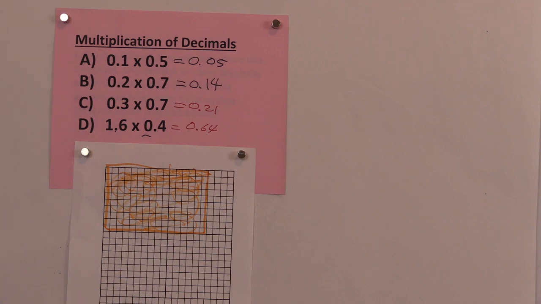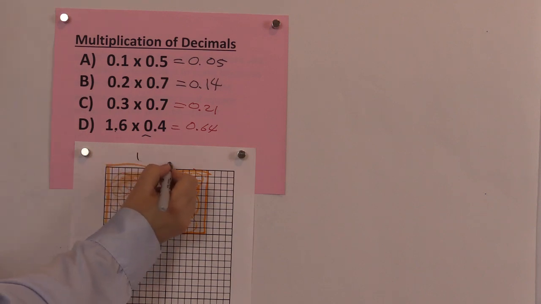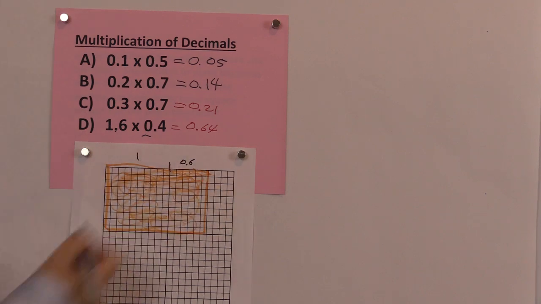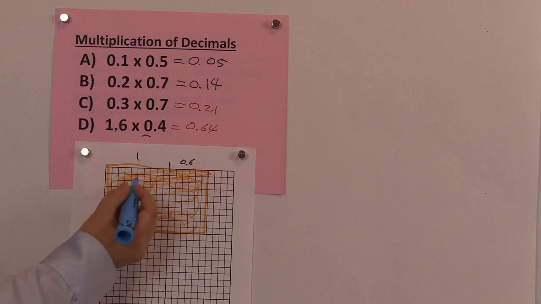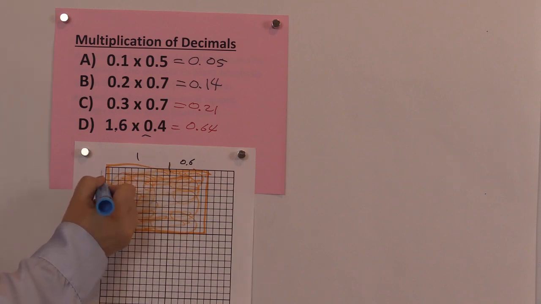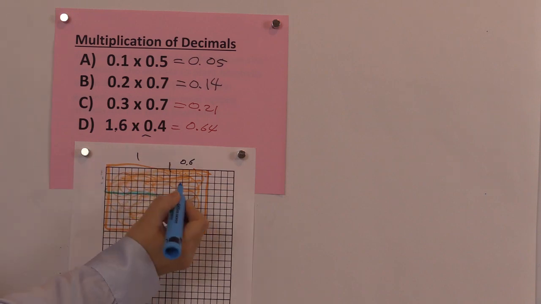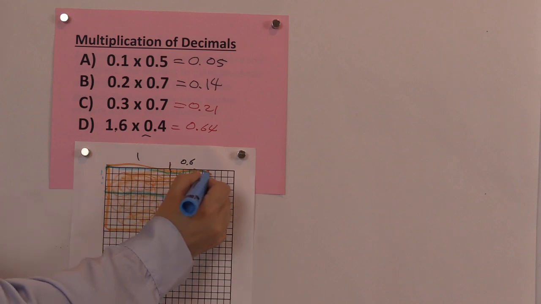So this is 1 and 6/10. And now my height is 1, 2, 3, 4. This is easy to see.